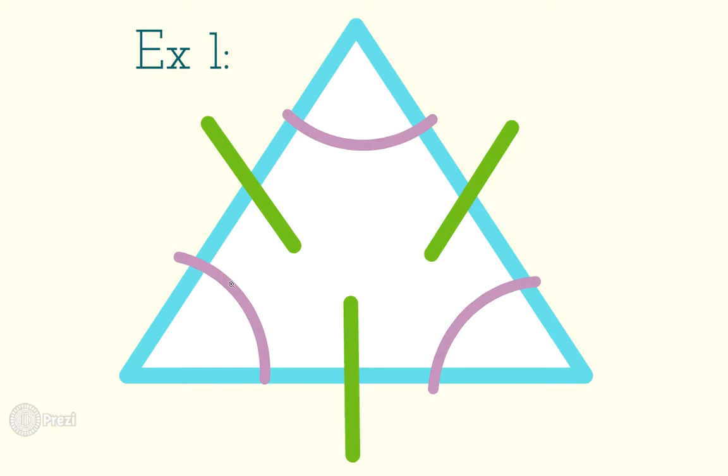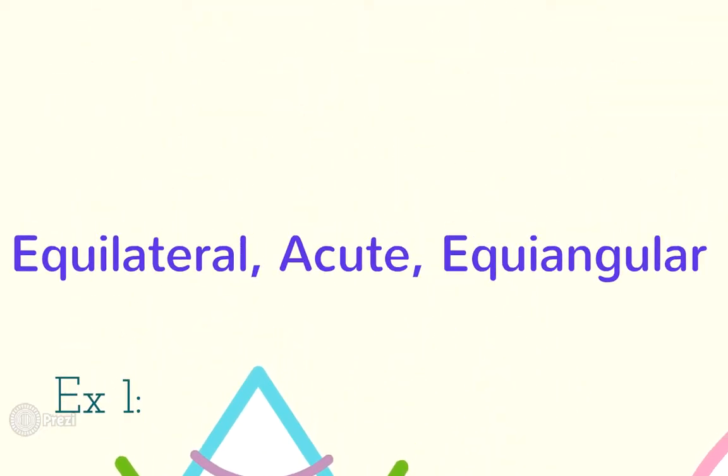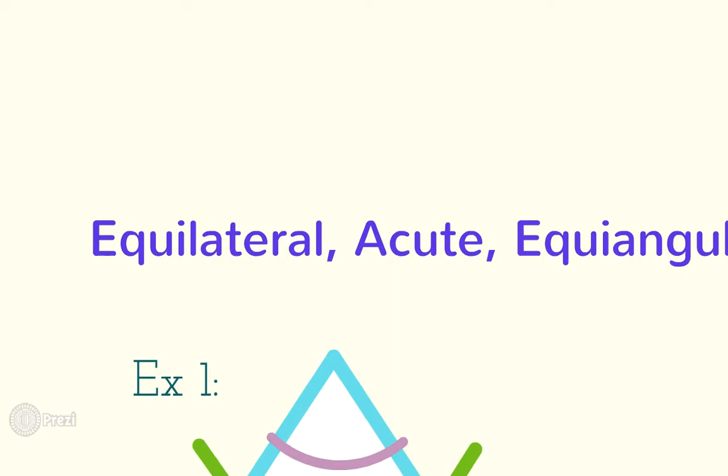And since in an equiangular triangle all the angles are 60, technically it's also an acute triangle because all the angles are acute. So it's an equilateral, acute, equiangular, and if you want to slide in isosceles there, you could. All right, so awesome, you guys.